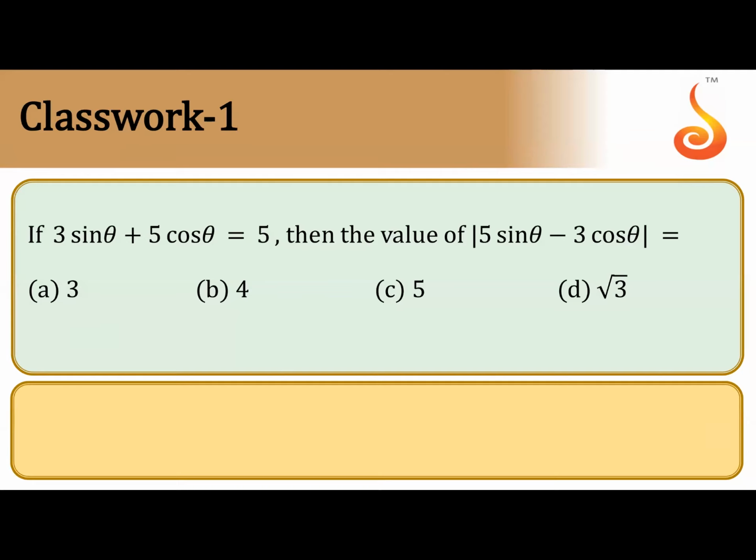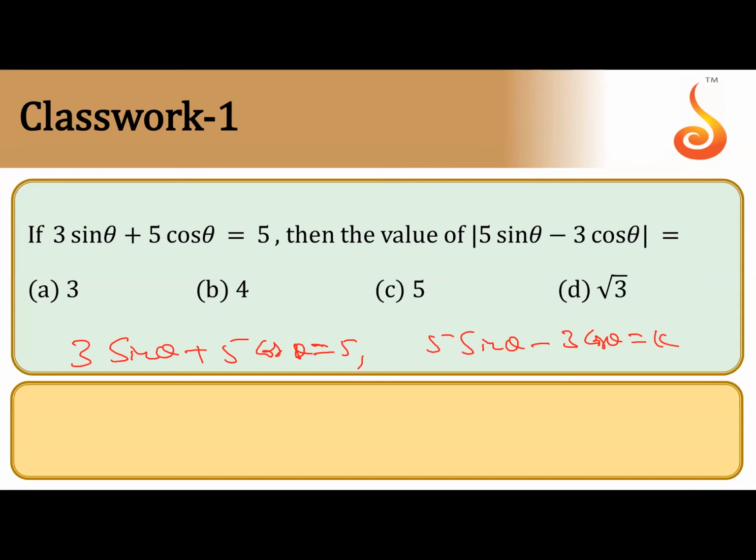Yes, first question. Look at this question. 3 sin theta plus 5 cos theta equal to 5, and 5 sin theta minus 3 cos theta, they are asking the magnitude of this one. You can take this value as some k. 5 sin theta minus 3 cos theta equal to some k, you can assume.